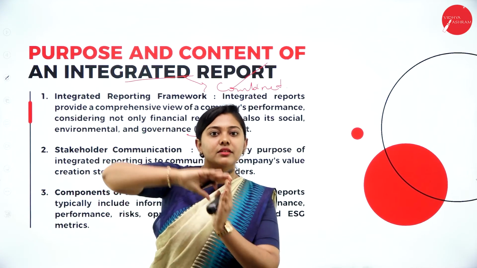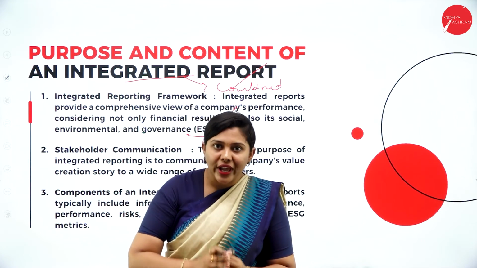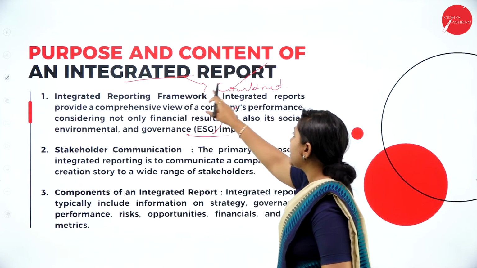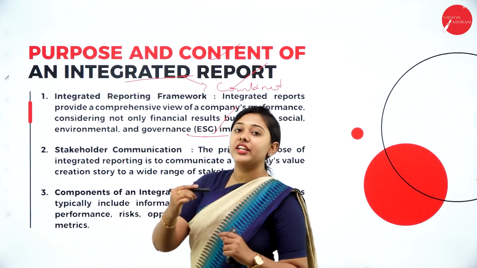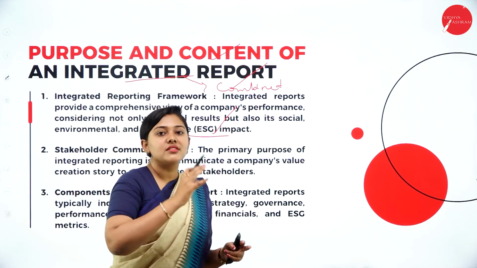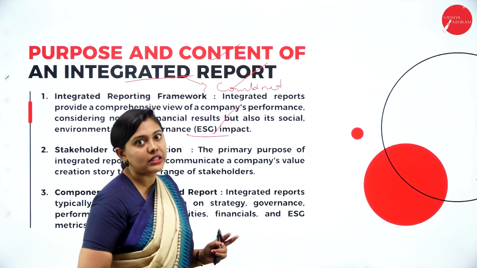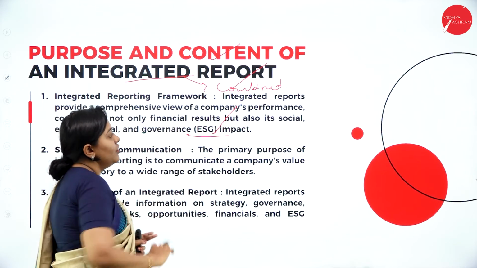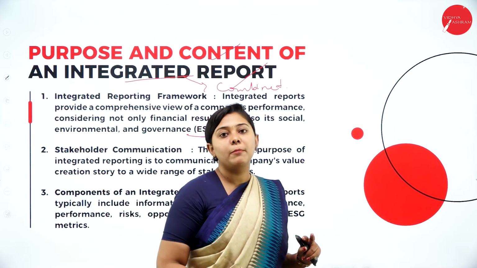That report along with the financial information together becomes your integrated report. So what is the purpose and content of an integrated report? It is a combined report that expresses the environmental, social and governance factors along with the financial information, and together they show the firm's performance.